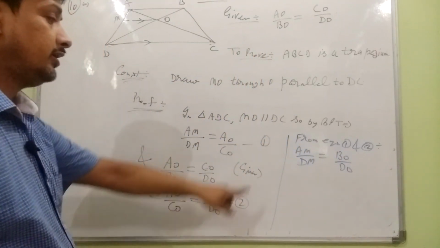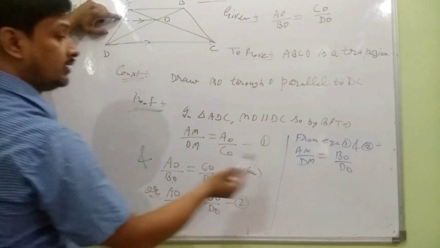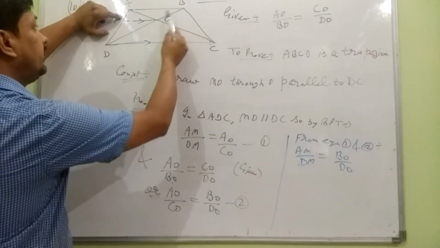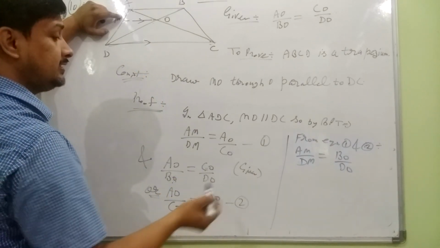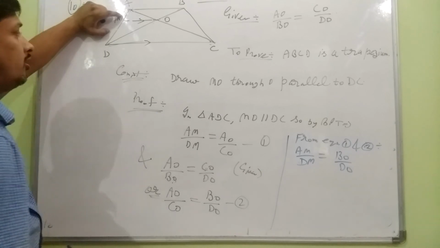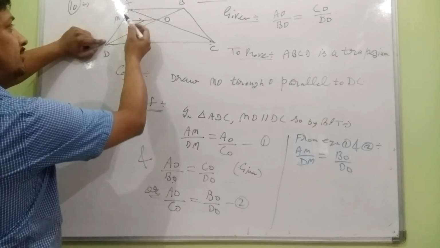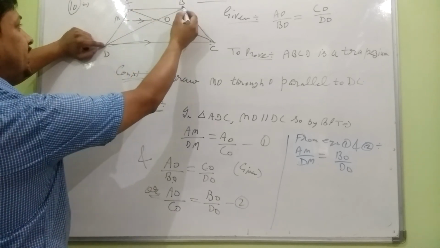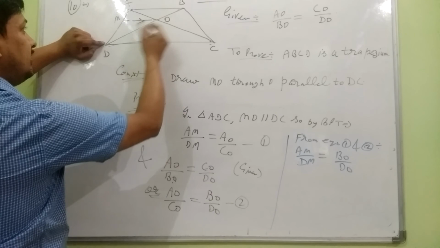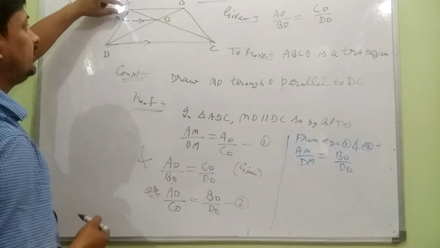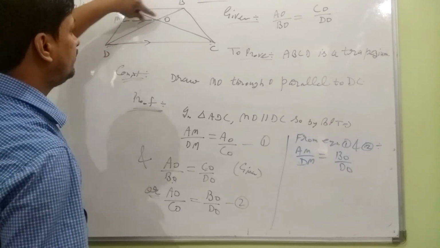Now look at the figure: AM, DM, BO, DO. On which triangle are these things all about? These are on the boundary of triangle ABD. In triangle ABD, you have proved AM upon DM is equal to BO upon DO.